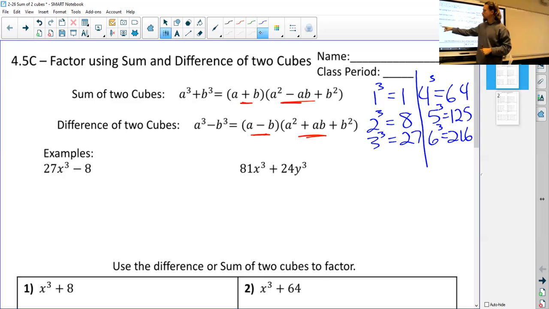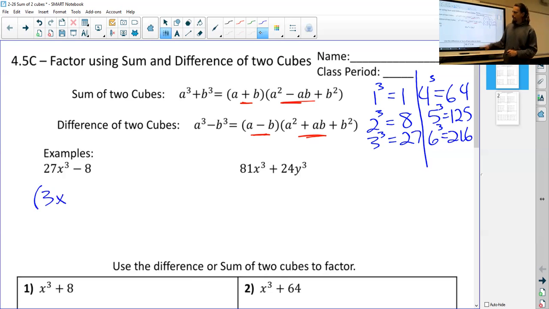Okay, so let's try it out. What we do is we look at our two terms, and we say, are both of those perfect cubes? Can I take the cube root of 27? Can I take the cube root of x to the third? And can I take the cube root of 8? And the answer is yes. So we saw that 3 cubed is 27, so the cube root of that would be 3. X to the third power, the cube root of that is just x.